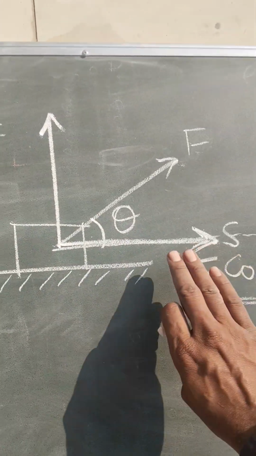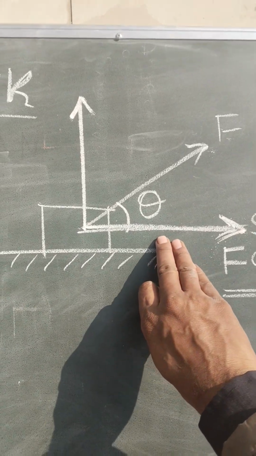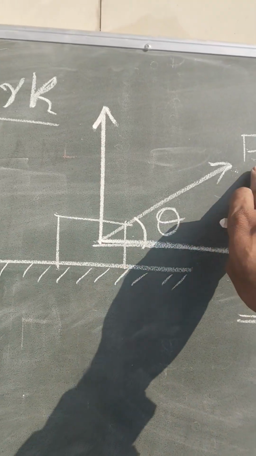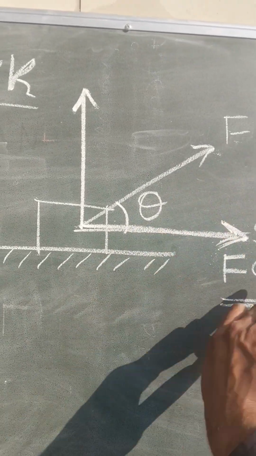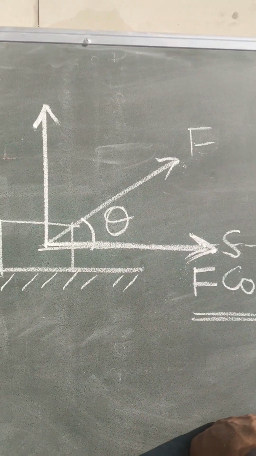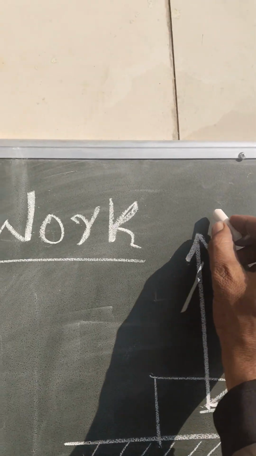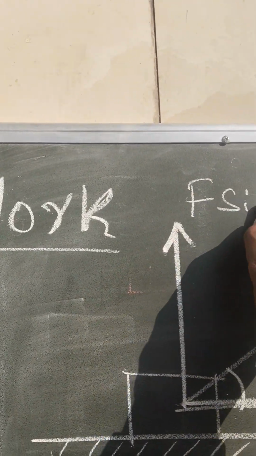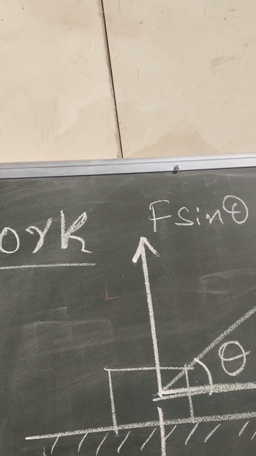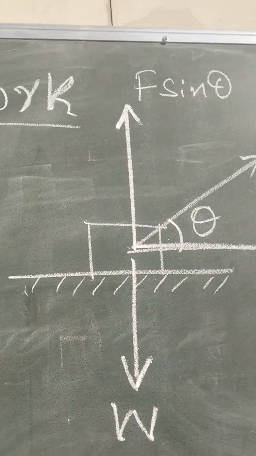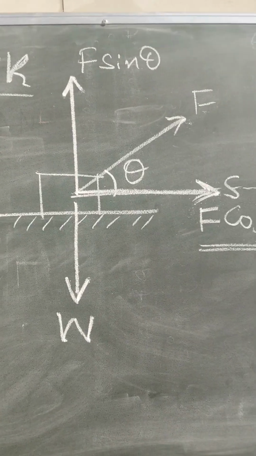So that's why whenever there is an angle theta, instead of using F, we use F cos theta, because this is the contribution of F in the direction of S only. And what about F sin theta, which is this vertical component? This balances the weight of the body.